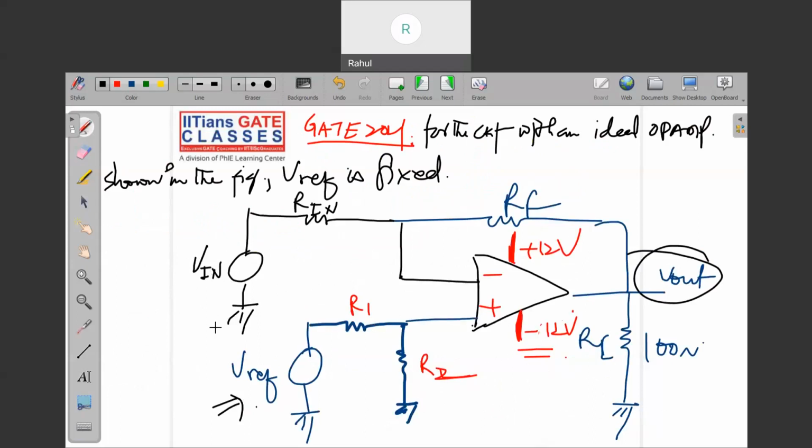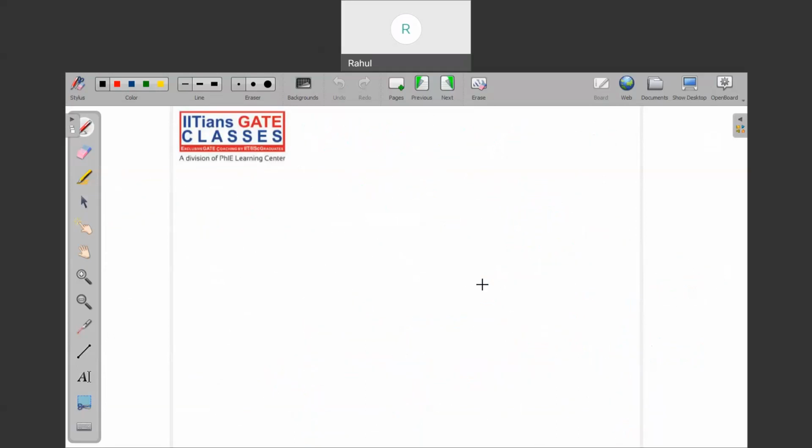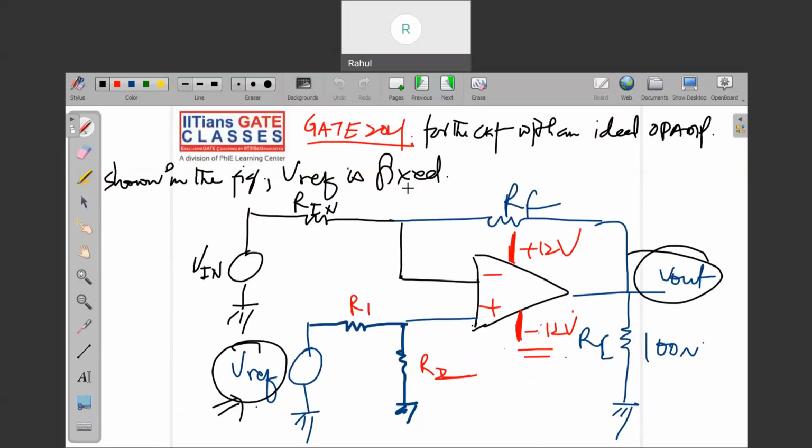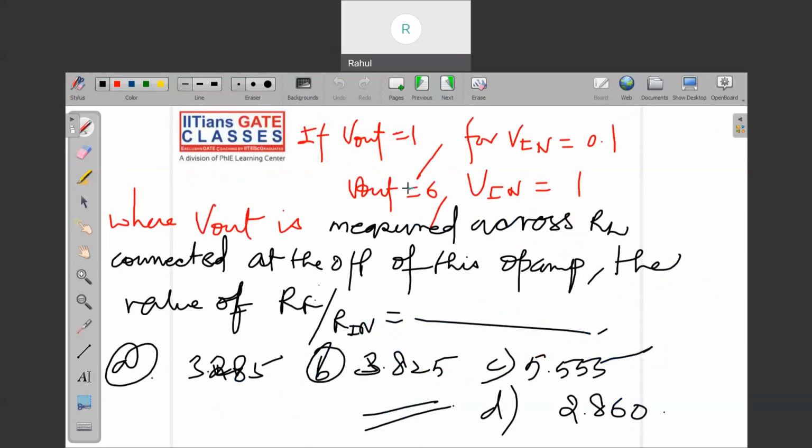So when V in is working, Vref is not, Vref is short circuited or removed. Your output will be minus RF upon R in. Let me go back to the circuit. RF upon R in times V in.